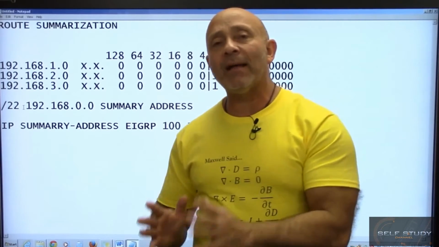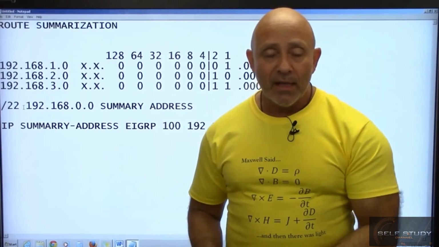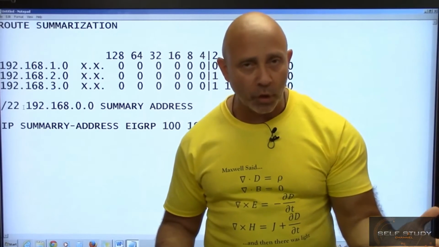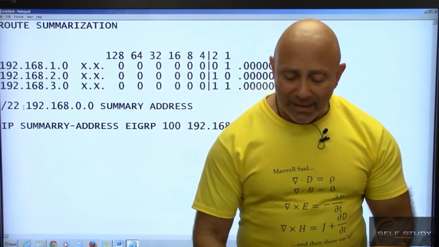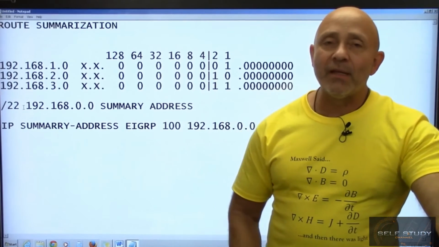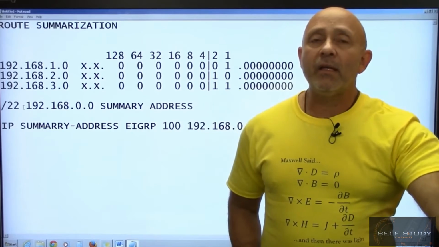It's not the fact that I put it in the interface. Once we do this lab, you put this in and then look at it again through show start or show run, you're going to see that it adds a 5 to it. That 5 is the administrative distance of a summary route.